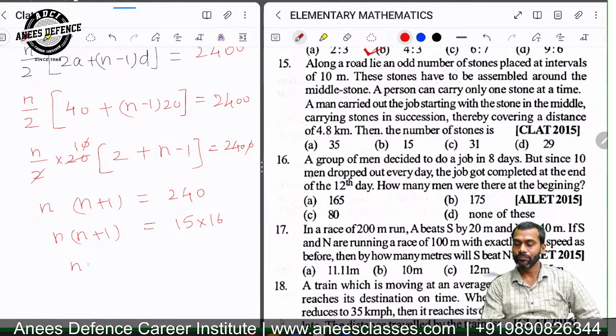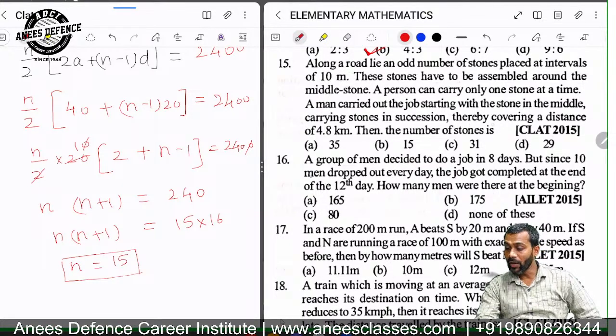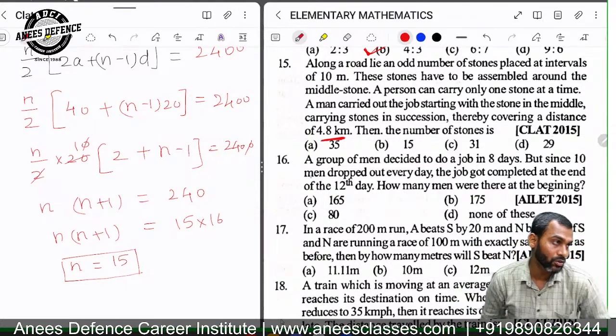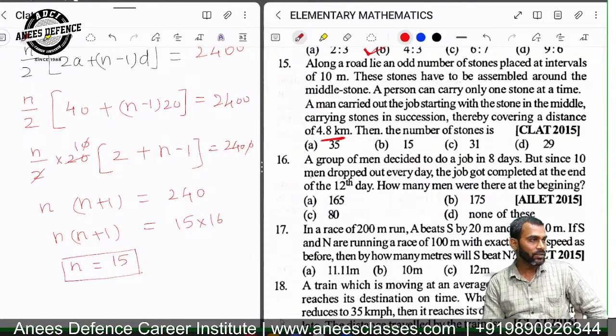So what is n? n is 15. Read the question carefully: thereby covering a distance of 4.8 kilometers. It means the total distance covered by him while assembling all the stones, not one side of the middle stone. So n is 15.